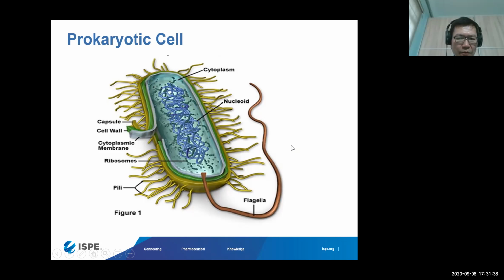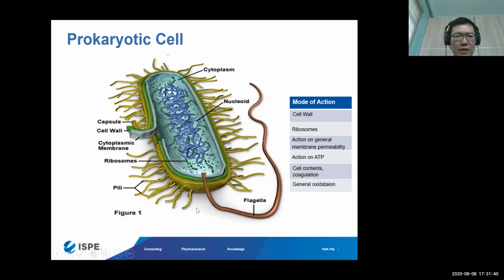And if you use chemical disinfectants, phenols, they'll act on the cell wall to kill the microorganisms. If you have hydrogen peroxide, of course, it will act on the ribosomes. And the quats, quaternary ammonium compounds, will basically cause leakage of the cell contents and also coagulation of the contents.